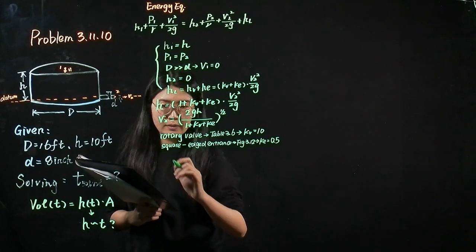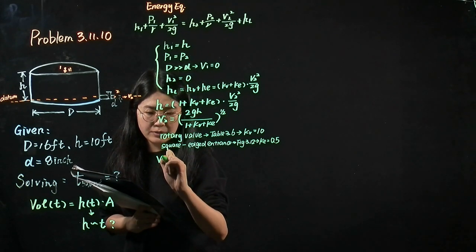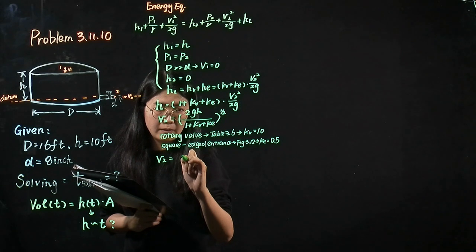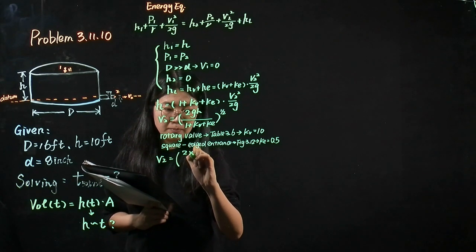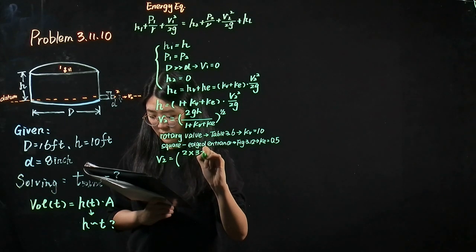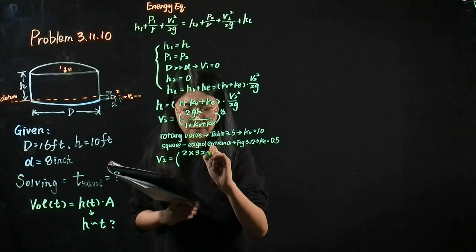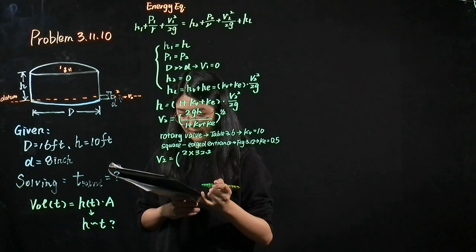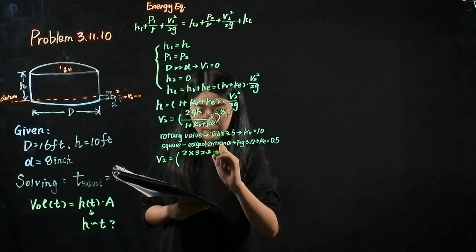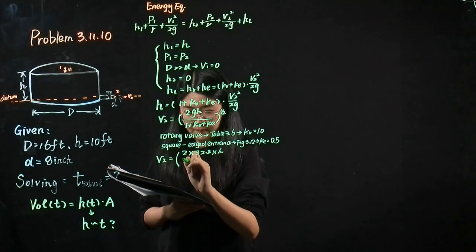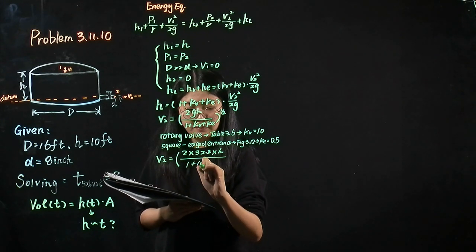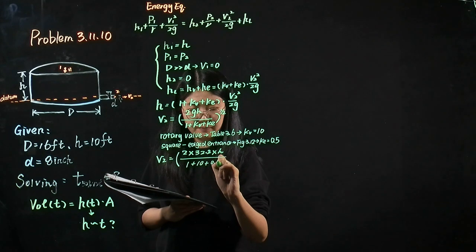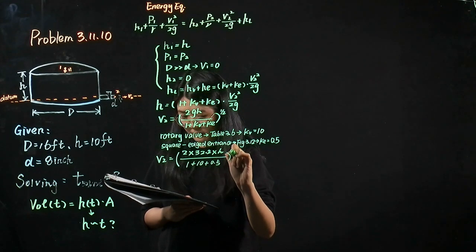The next step is to bring the values into the equation. It will be 2 times 32.2 feet per second squared times h, over 1 plus 10 plus 0.5, to the power of 0.5.